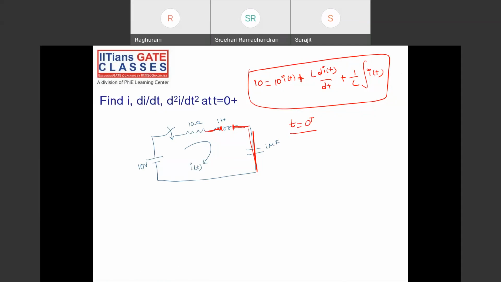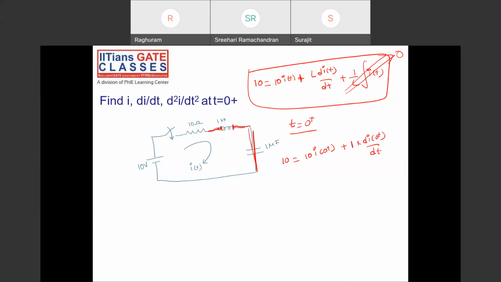At t equal to 0, what I told you, the voltage across the capacitor will be 0. That means it's a short circuit. Voltage across the capacitor will tend to be 0. So 10 is equal to 10 into I of 0 plus plus L, which is 1 Henry, into di of 0 plus by dt.